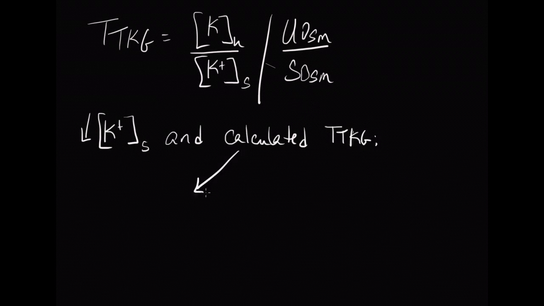And you get something that's less than 6 or greater than 6. Well, if you have a low potassium, your kidney, under normal circumstances, should not be excreting potassium. It should be holding on to potassium as best as it can. That would be represented by a low TTKG. So this would be normal or expected renal compensation.